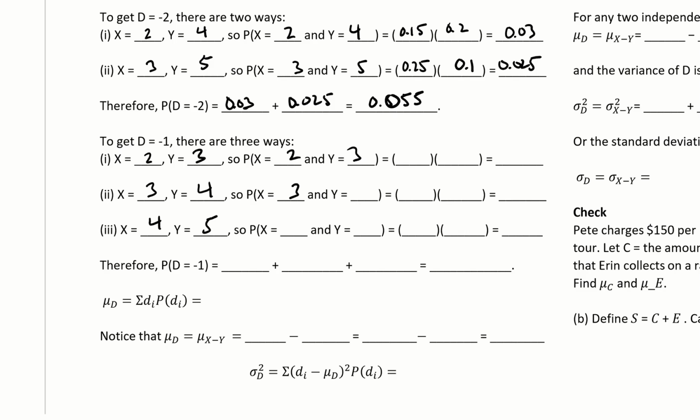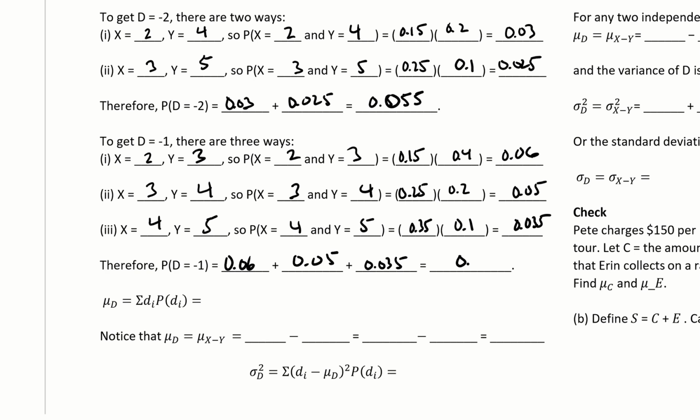So x equals 2 was 0.15 for Pete, and 0.25 for this one. For Aaron, y equals 3 was 0.4. Multiply those, you get 0.06. For Aaron, y equals 4 was 0.2. Multiply those, you get 0.05. Pete's x equals 4 is 0.35 and Aaron's y equals 5 is 0.1, so you get 0.035. We've already done this kind of process. Add these together and you get 0.65.